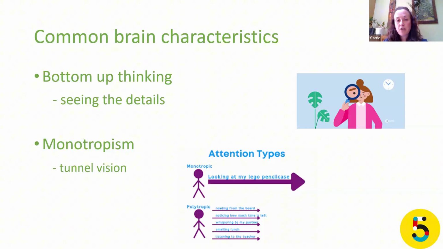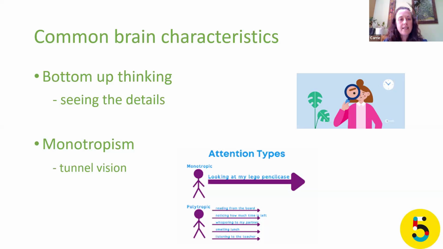I think it's also important to touch on the point that these two brain characteristics can also occur in people with neurotypical brains as well. So just because somebody has some of these characteristics, it doesn't necessarily define them as being autistic.